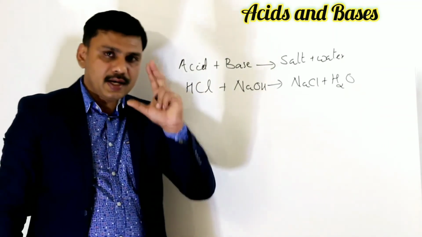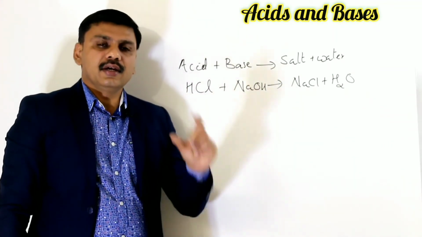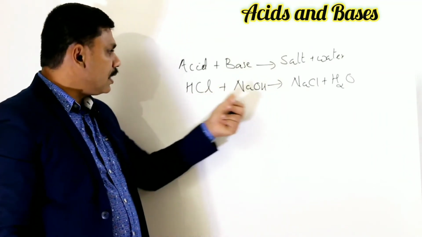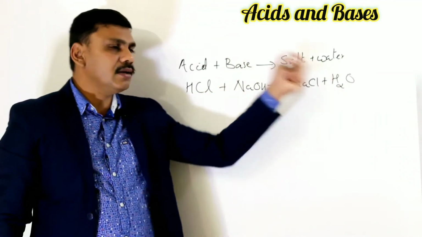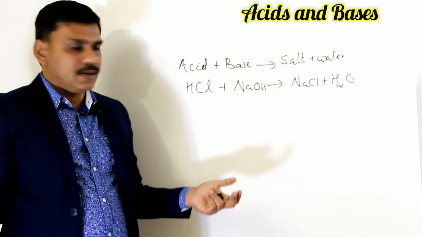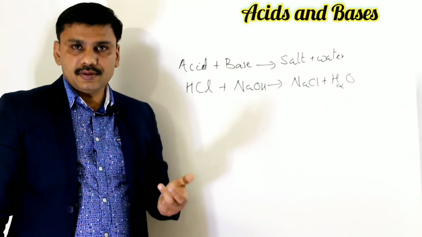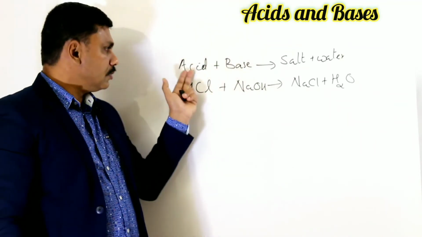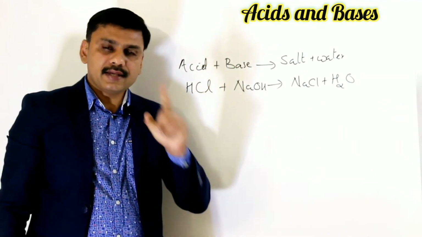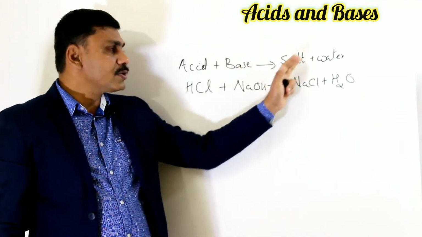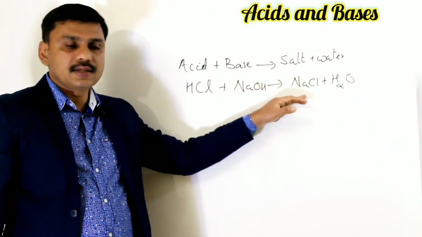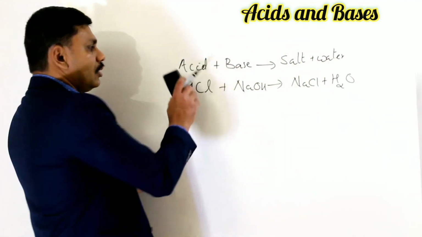So generally, when an acid and base react, it will always produce salt and water. If you see a question paper reaction that consists of only an acid and base, it will always produce salt and water. HCl plus NaOH gives NaCl plus water.